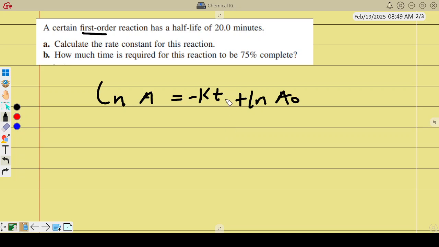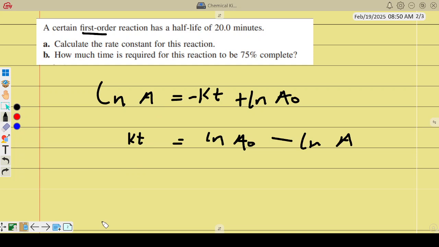So let's make t the subject of the formula. What we're simply going to do is kt will go to the other side, so we'll have positive kt equal to ln A naught minus ln A. Then we can go on to further simplify.